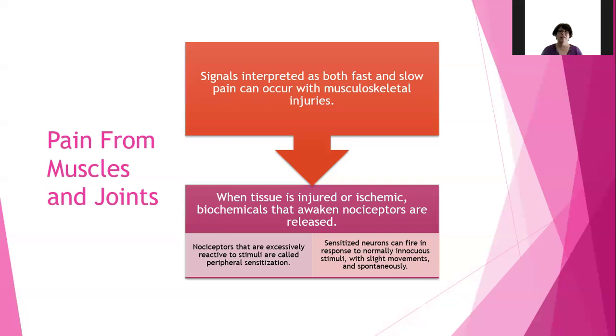And now you get in a cool to warm shower and it feels painful instead of feeling good. So a normally innocuous stimulus like nice warm water is now painful, or slight movement can be painful, or you can just get pain spontaneously if your neurons are sensitized.